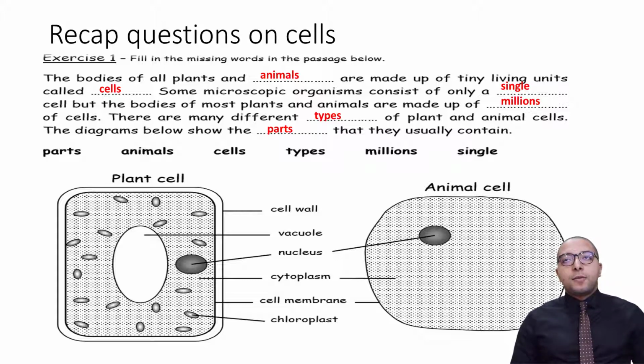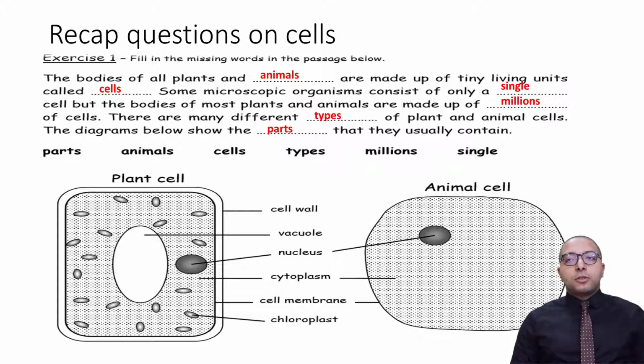There are many different types of plant and animal cells. The diagram below shows the parts that they usually contain. As you can see in the diagram below, we have the plant cell and animal cell. They share a few components, and the plant cell has the rest of the components.